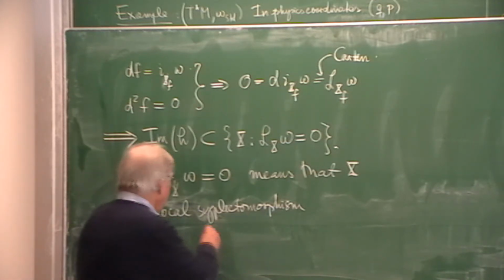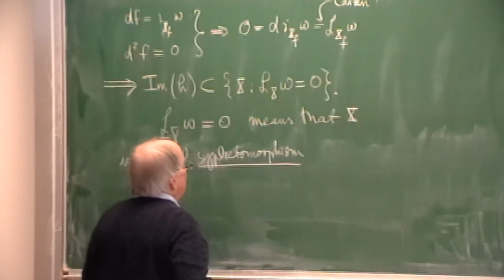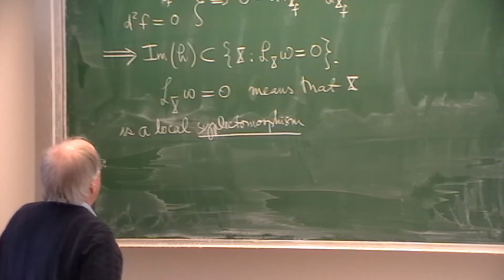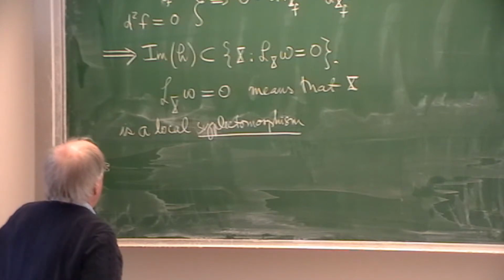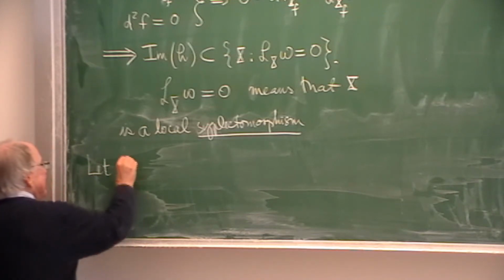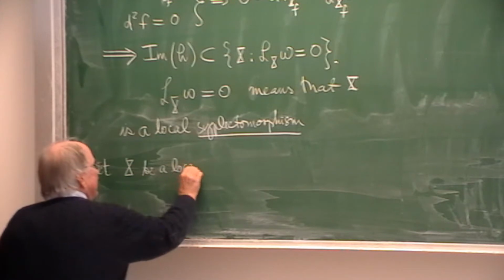And this is a local symplectomorphism that leaves that thing invariant. Okay, so it's contained in the local symplectomorphisms. Well, now you can laugh at me for saying let X be a local symplectomorphism.